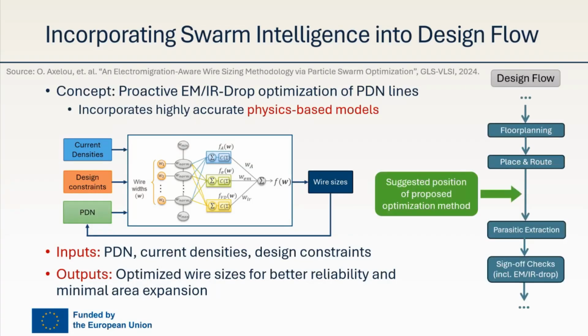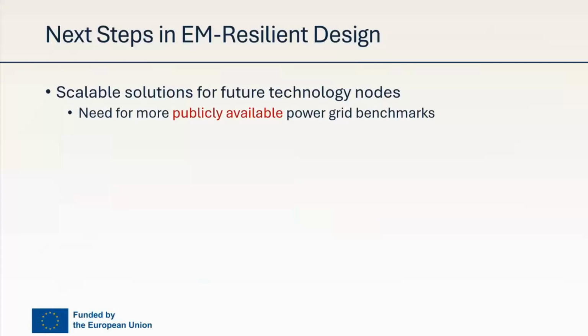This method is suggested to be integrated after place and route, where all power needs and geometry of the power grid have been determined. And by integrating this into early sign-off steps, we can proactively improve circuit reliability before fabrication. This reduces design iterations, minimizes last-minute fixes, which of course cannot do much, and ensures a more robust final product.